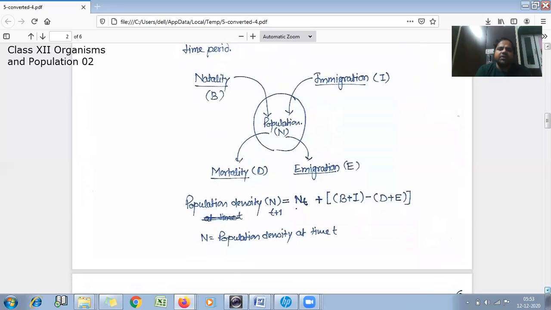So we will see how to calculate the population density at a time t.